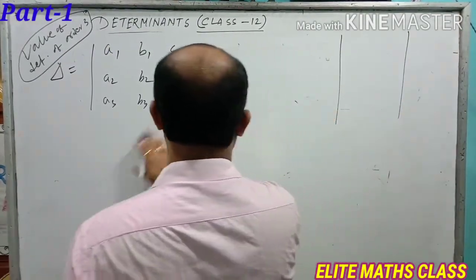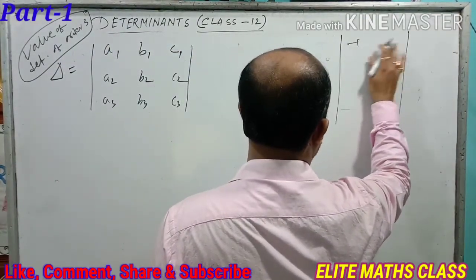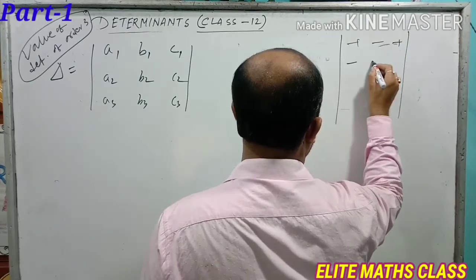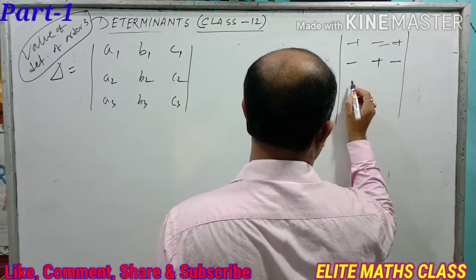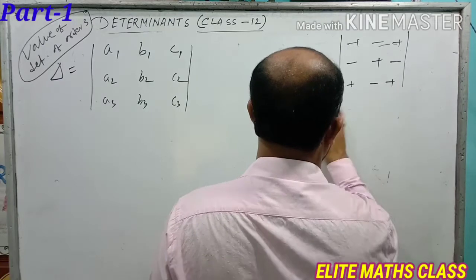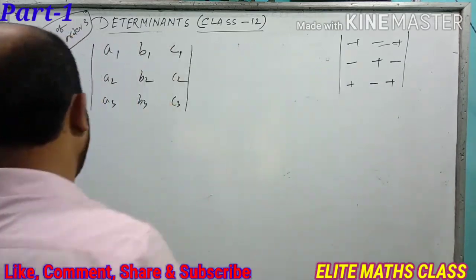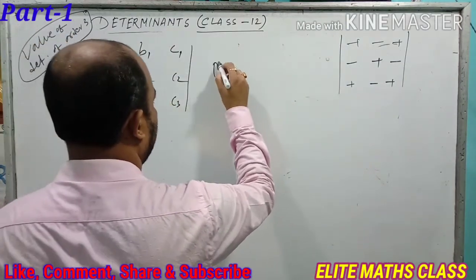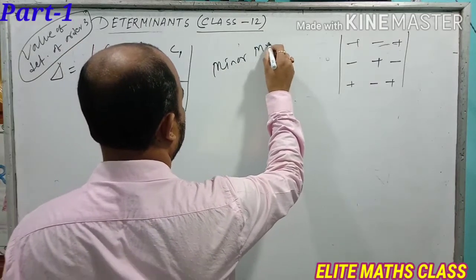Here, to find the value, we have to memorize the sign of a 3 by 3 determinant: plus, minus, plus; minus, plus, minus; plus, minus, plus. This method is called the minor method.